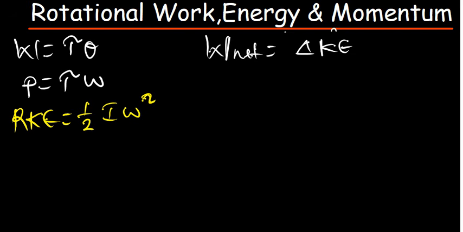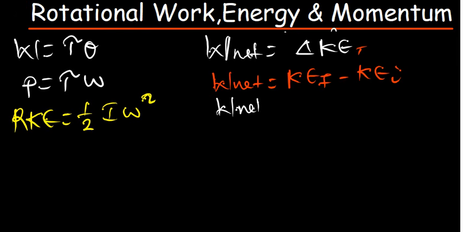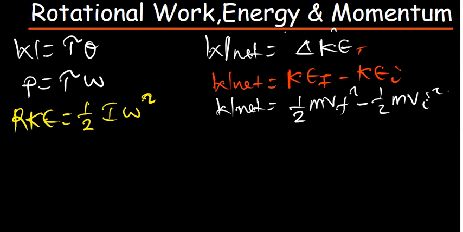Now in this case we are talking about translational kinetic energy. So the work net is the kinetic energy final minus the kinetic energy initial. This is going to be half the mass v final squared minus half the mass v initial squared. This is the formula for work net under translational work, energy and power.